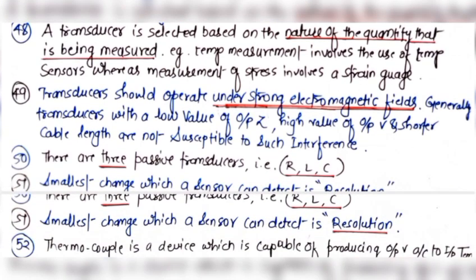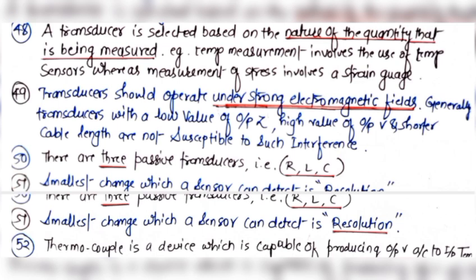A transducer is selected based on the nature of the quantity that is being measured. For example, temperature measurement involves the use of temperature sensors, whereas measurement of stress involves a strain gauge. Transducers should operate under strong magnetic fields.